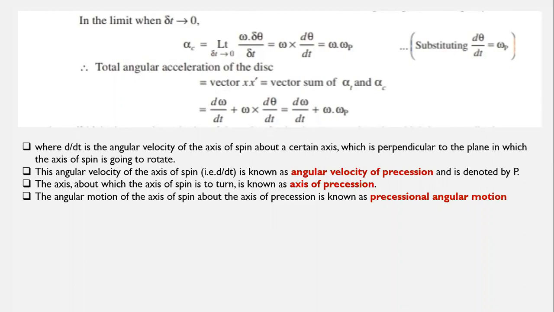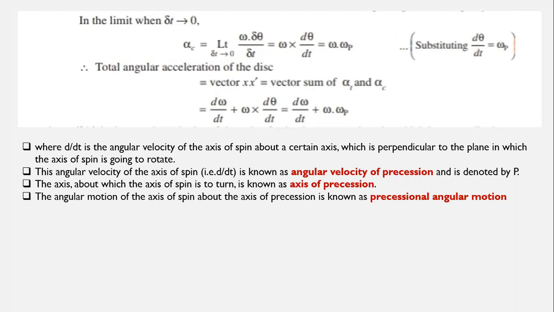These three lines are very important regarding the short answers. Repeatedly they are asking three short answers here: first, the angular velocity of precession; second, the axis of precession; and third, the precessional angular motion.